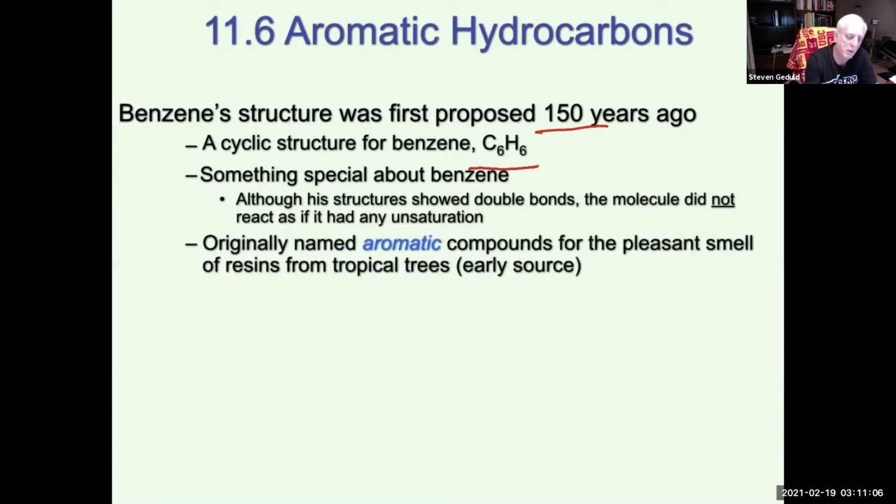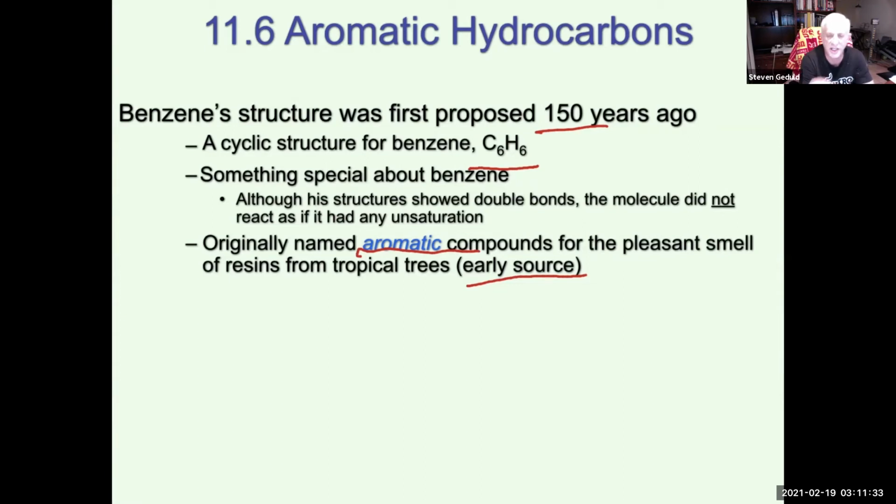These are named aromatic compounds because they smell nice. When things have benzene in them, they smell nice. Now you've got to be careful with things that smell nice sometimes. Back in the 1960s, benzene was used as a disinfectant in hospitals and a lot of office buildings because of its nice smell and its disinfectant properties.